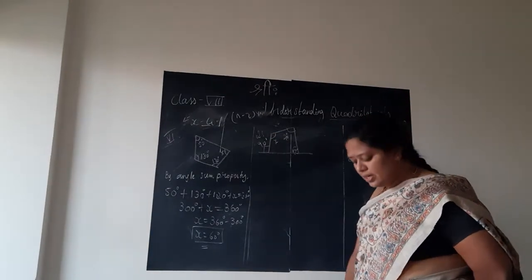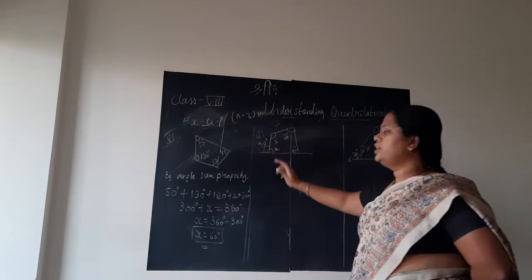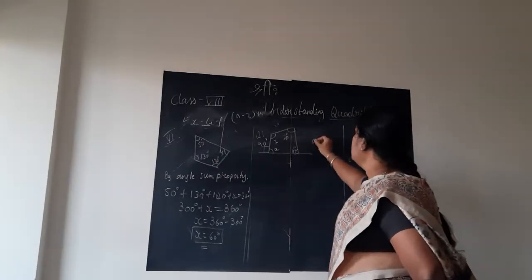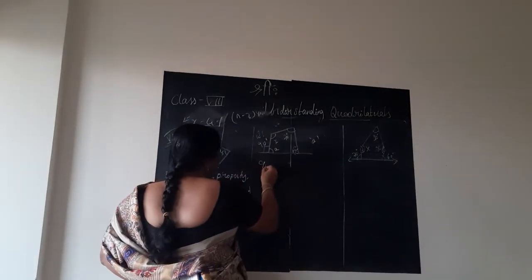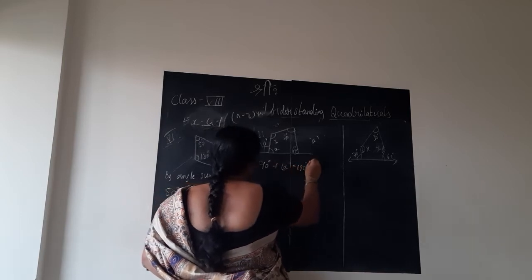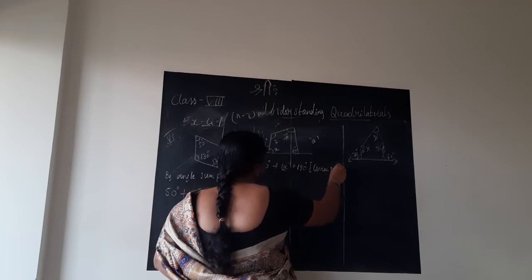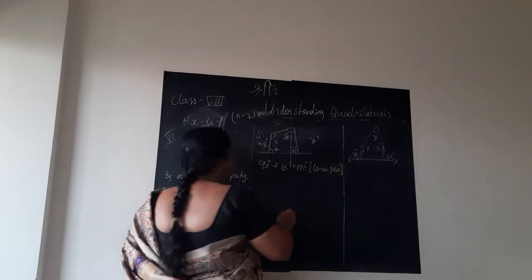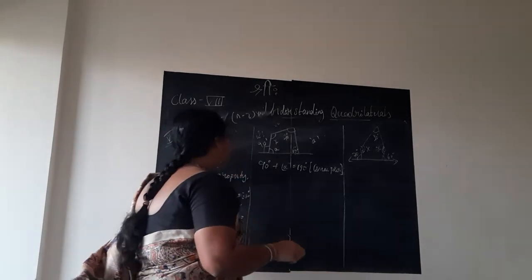So you have studied the concept of linear pair. This angle also we don't know. For time being, let us assume it to be some angle A. So 90 degree plus angle A is equal to 180 degree. Why? Because they make linear pair. You have studied, no, children? Sum of linear pair is always 180 degree.